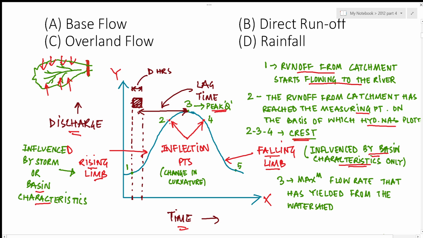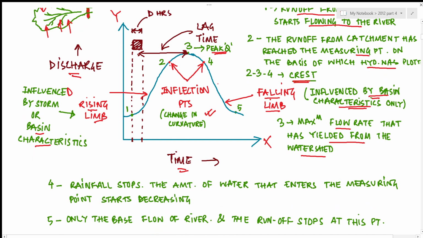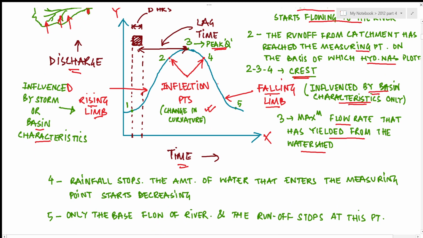Points 2 and 4 are known as inflection points, where the hydrograph changes its curvature, and at point 3 the maximum flow rate that has yielded from the watershed is shown.